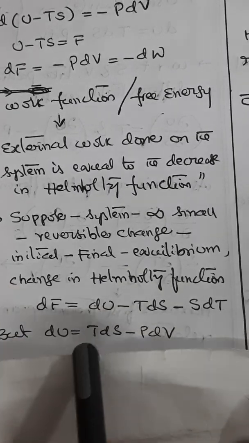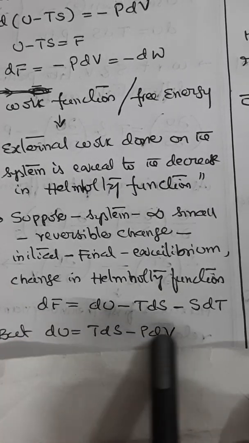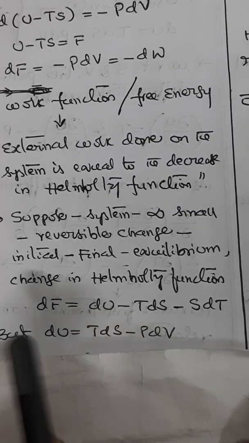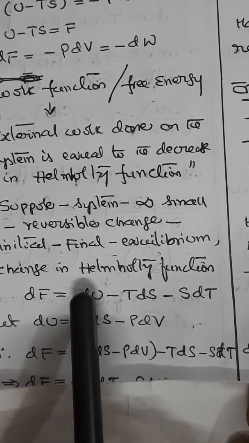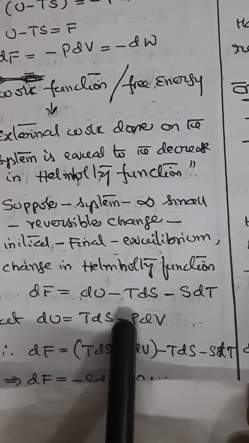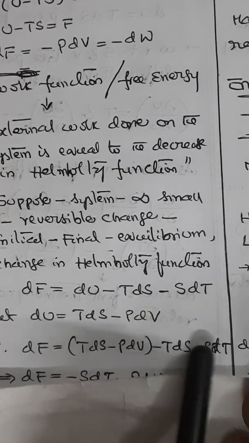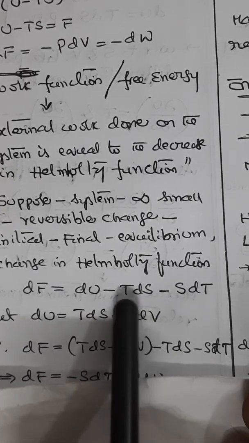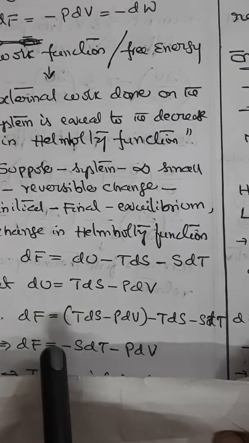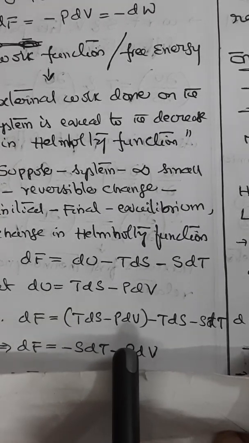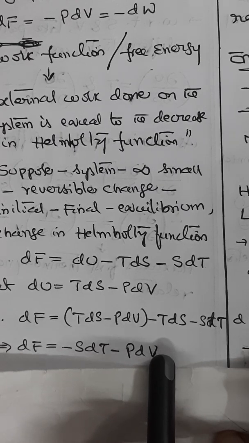So dF is equal to dU minus TdS minus SdT. But what is dU? dU is nothing but TdS minus PdV. So when you substitute that, dF will become TdS minus PdV minus TdS minus SdT. So these two will get cancelled. Therefore, dF equal to minus SdT minus PdV.